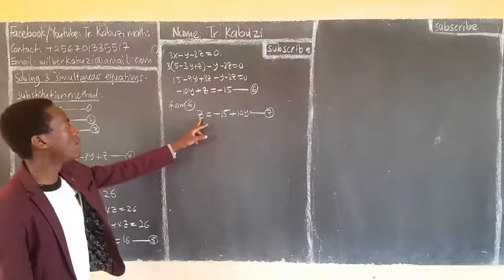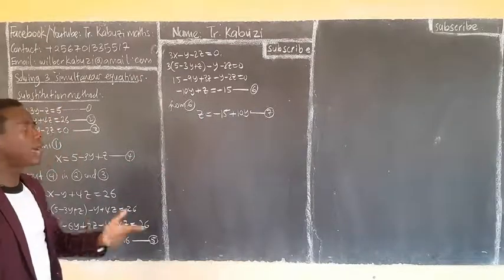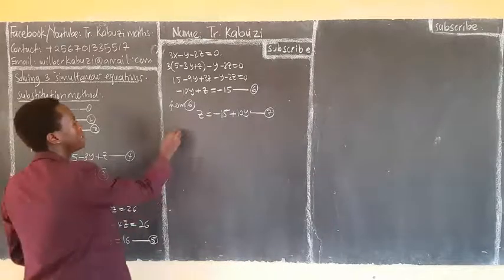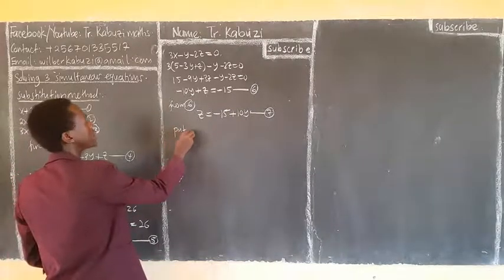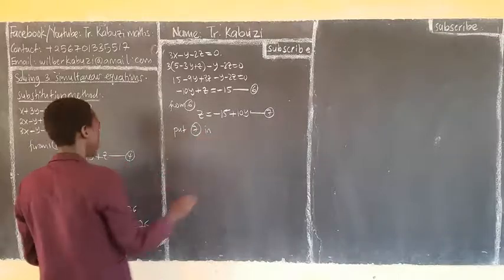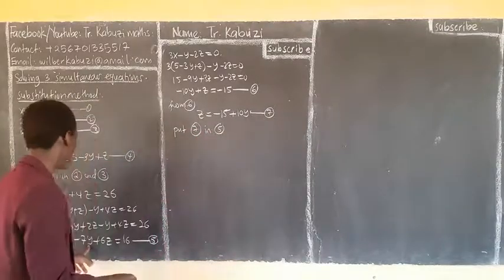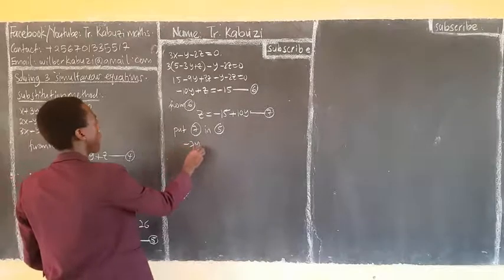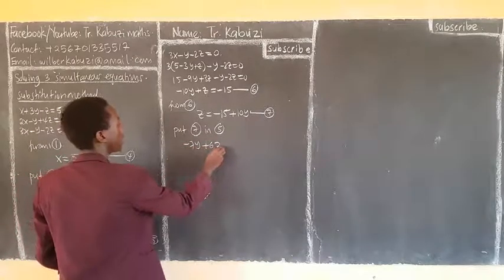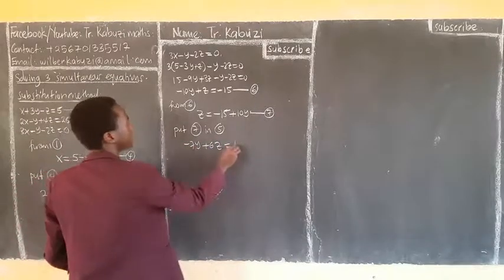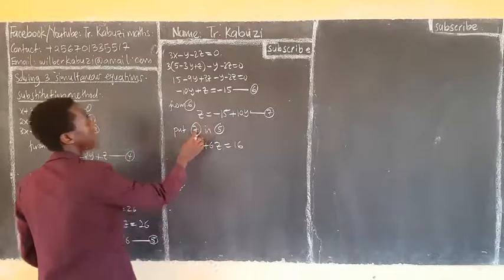So, if I remove 1, I'll have only 1 unknown, and then we get its answer. So, put 7 in now 5. My 5 was equaling to 16.